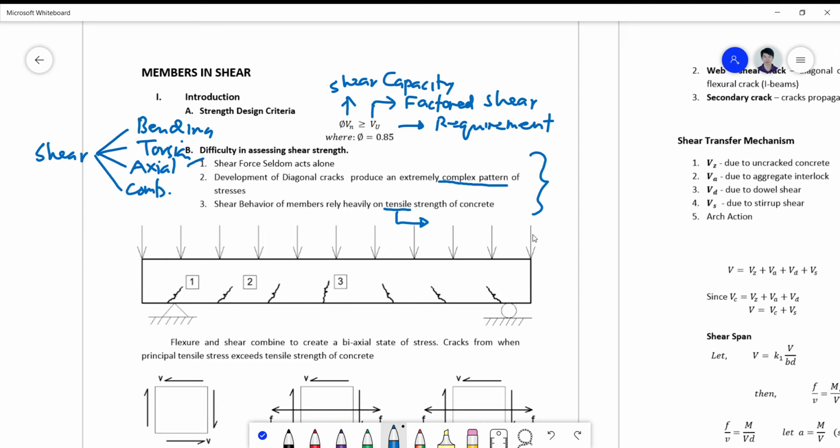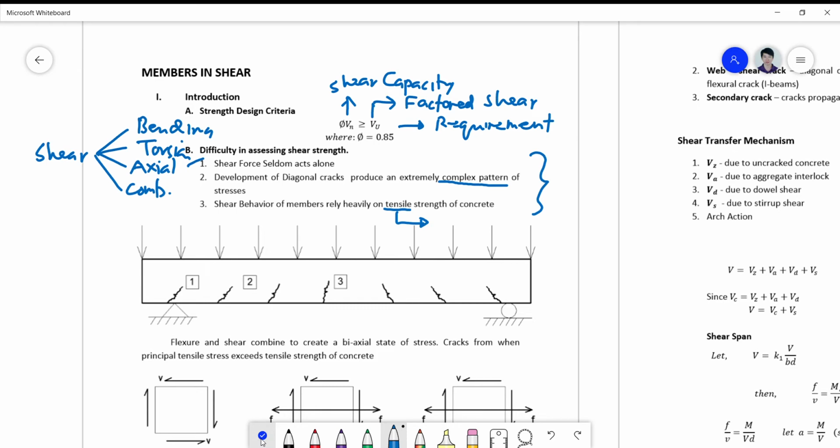But again, as I have said, we will try to understand better how it works, such that the formula later can be interpreted correctly for us to satisfactorily obtain a good design, and therefore a very safe design in shear can be expected.